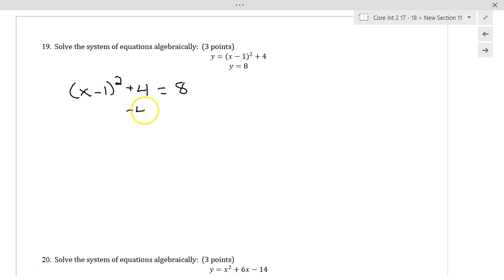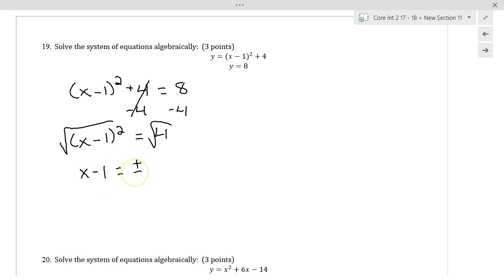I'm going to subtract 4 from both sides. (x minus 1) squared equals, those cancel out, 8 minus 4 is 4. Now I have to take the square root. The square root of (x minus 1) squared is x minus 1. The square root of 4 is plus or minus 2. I shouldn't still have a square root on it, right? The number changed, so I take away the square root as well.